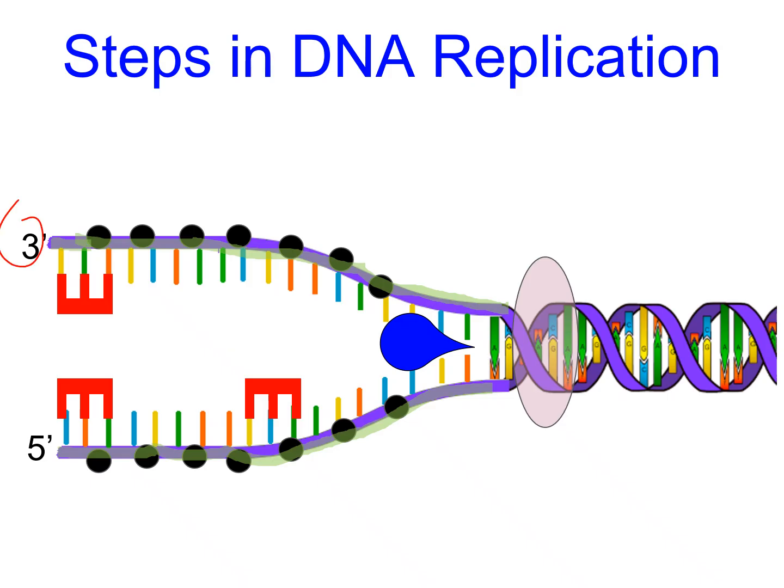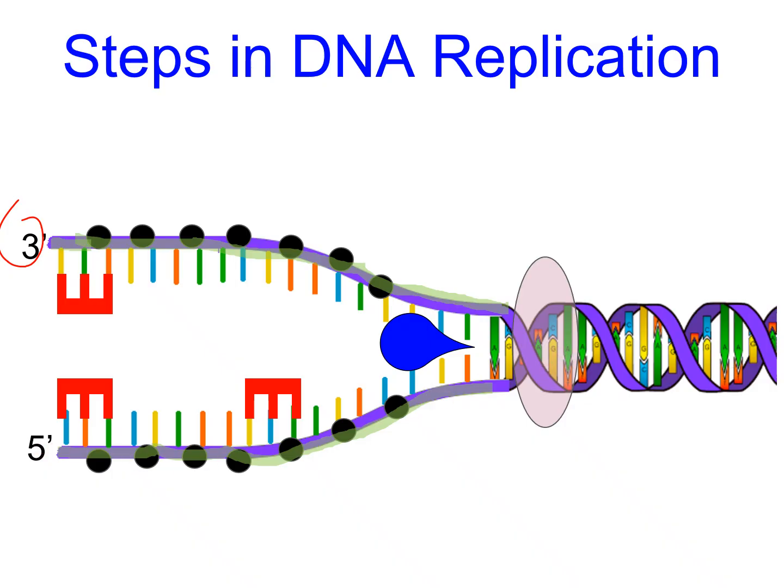So this is our 3 prime end, and this is our 5 prime end right here. So this strand runs 3 to 5. This strand is anti-parallel to this strand, so therefore it is running in the opposite direction. It is running 5 to 3.